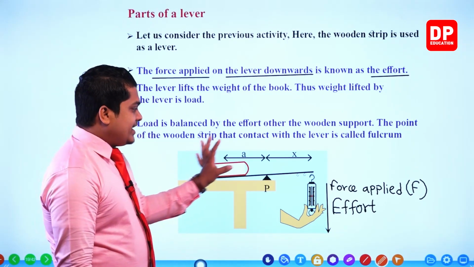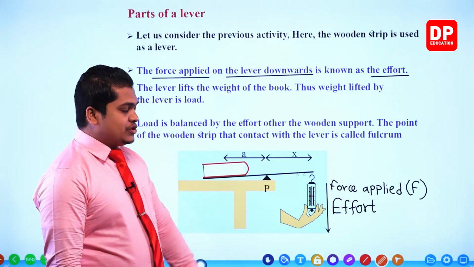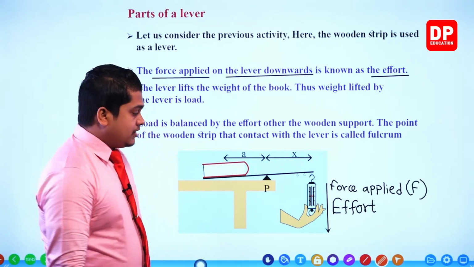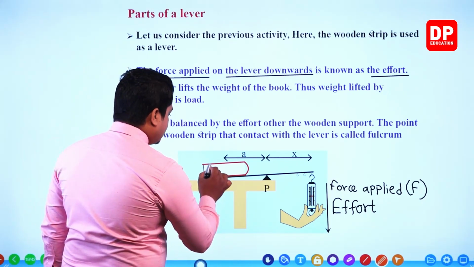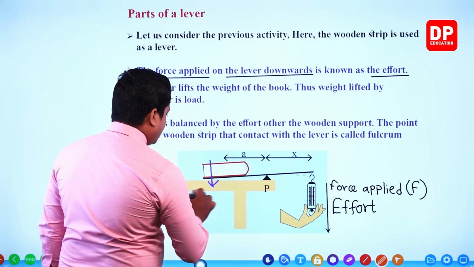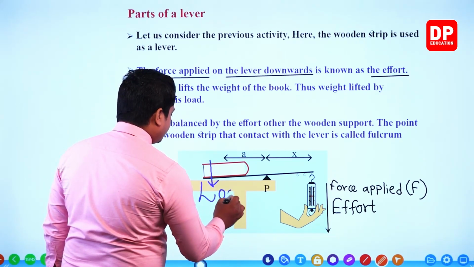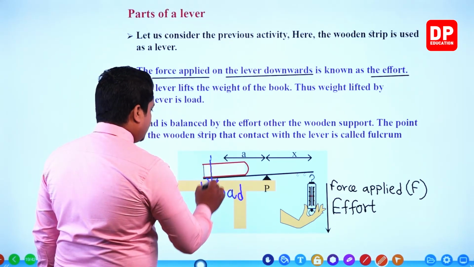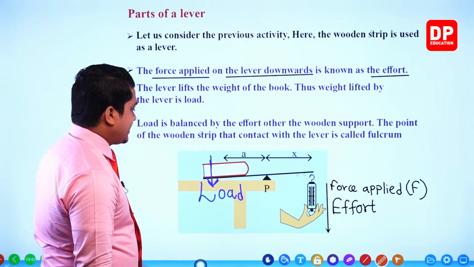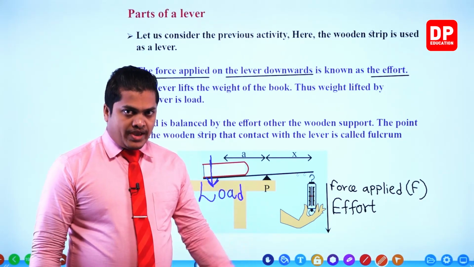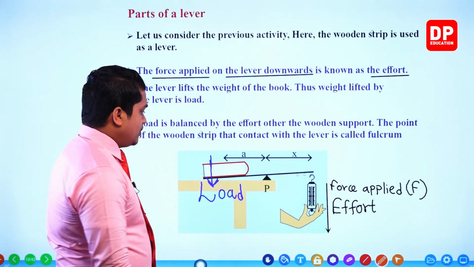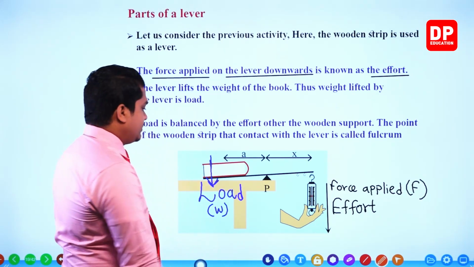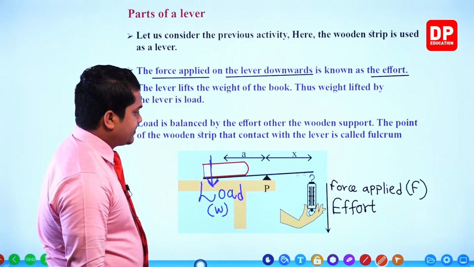So this weight which is being lifted by using the lever is referred to as the load. You know that load is acting downward because it is a weight. So the weight of the book is the load over here, W, weight.